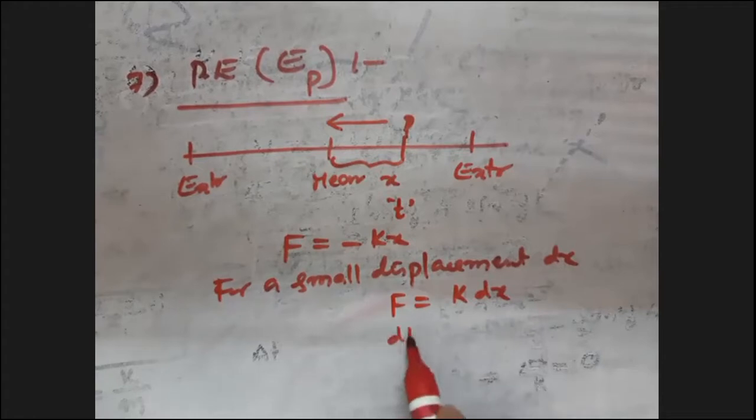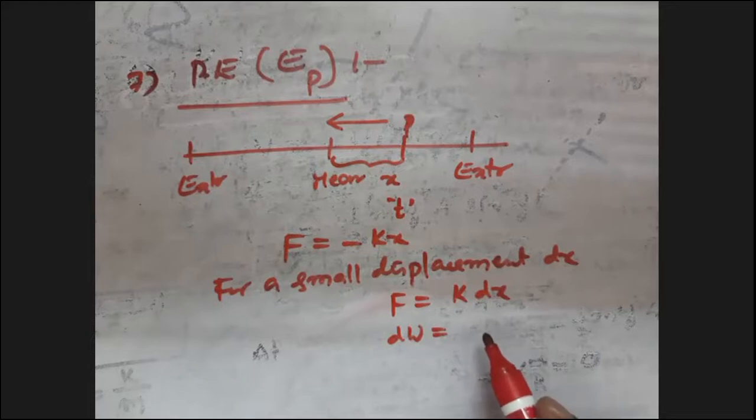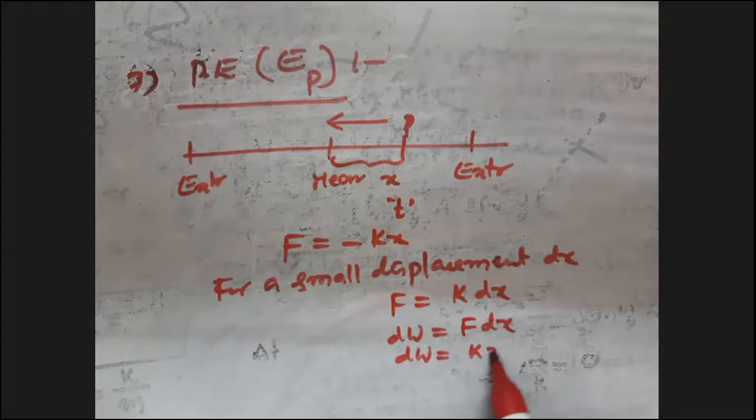Now the work done, dW, equal to what? F into dx, so dW equal to kx dx.